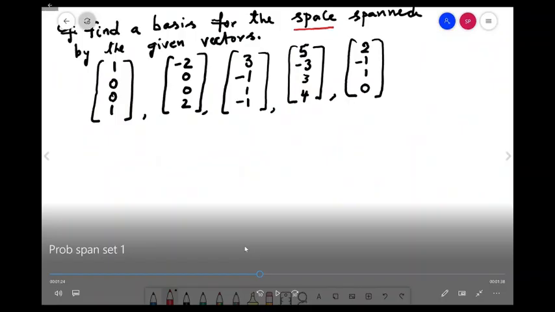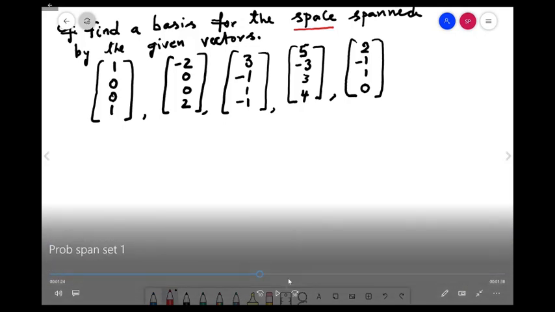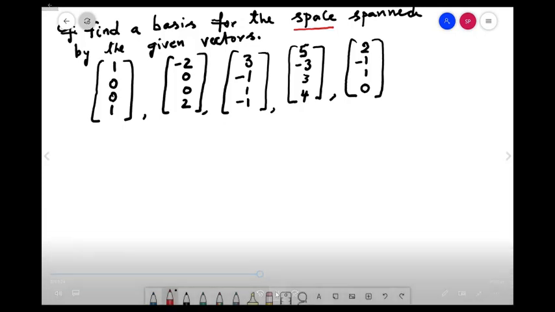Let us look at a problem which is based on the spanning set theorem. Find a basis for the space spanned by the given vectors. Here you are given 5 vectors, and these 5 vectors belong to R4. Now we have to find a basis for the space which is spanned by these vectors. Let us see the solution.